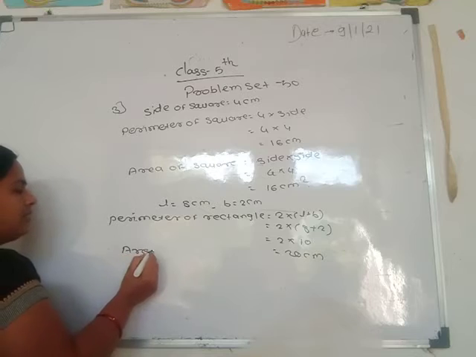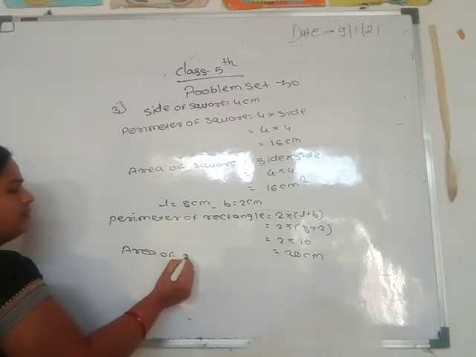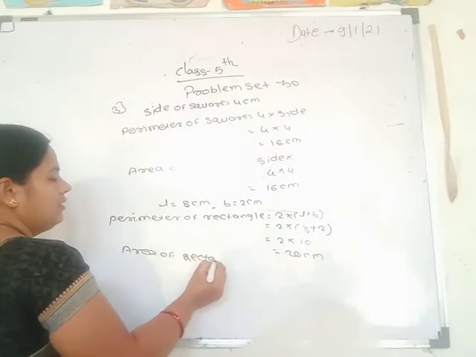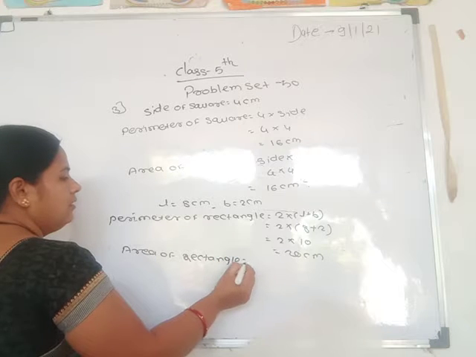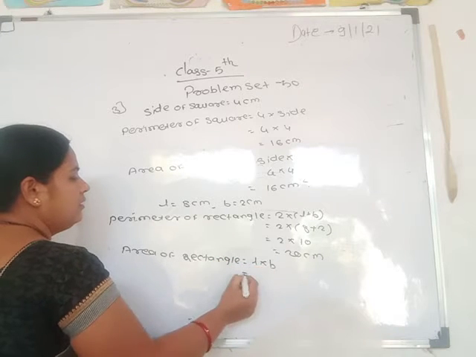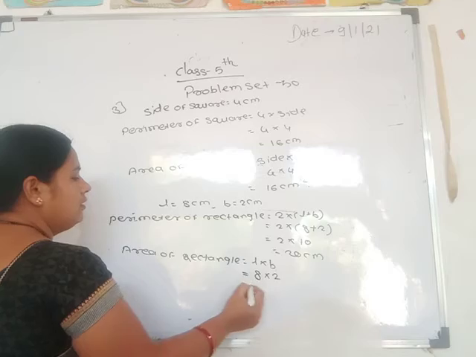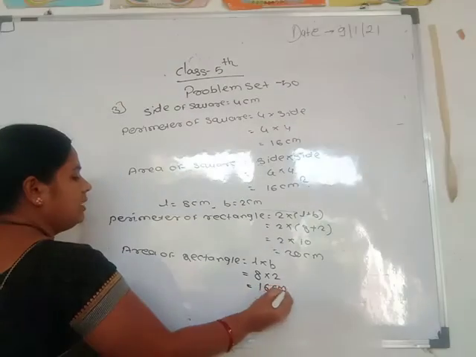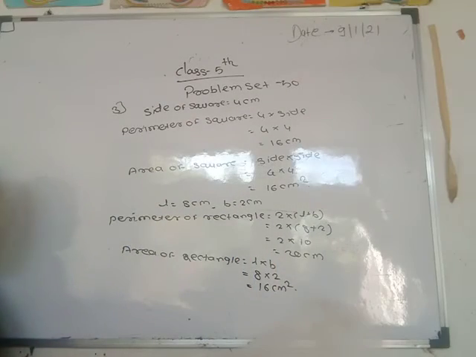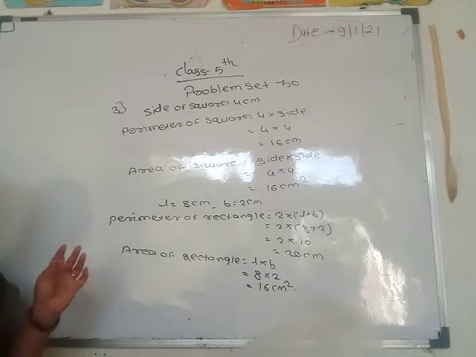Then area of rectangle is L into B, 16 centimeter square. See here, perimeter and area of this square, perimeter and area of this rectangle.